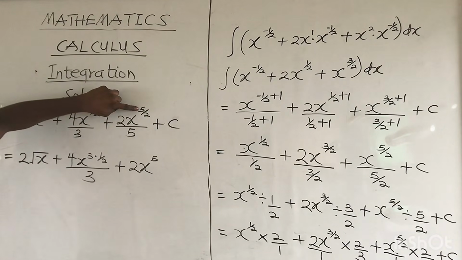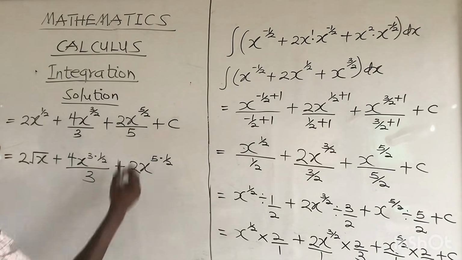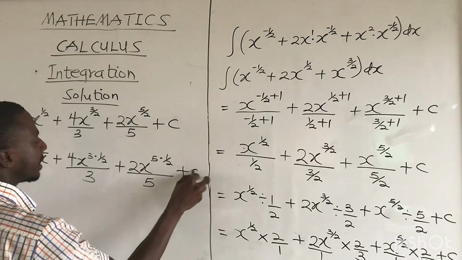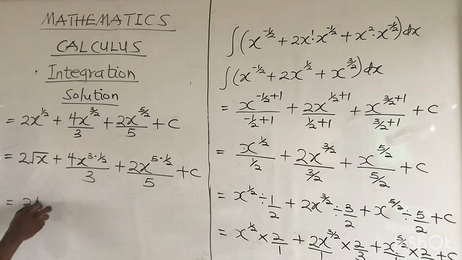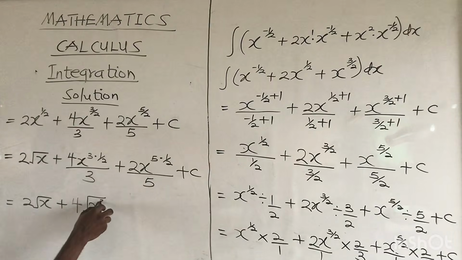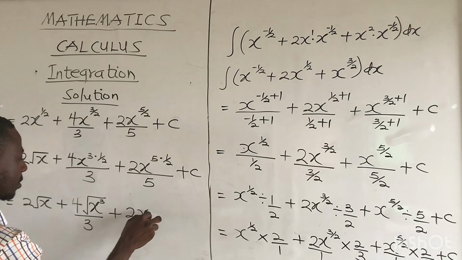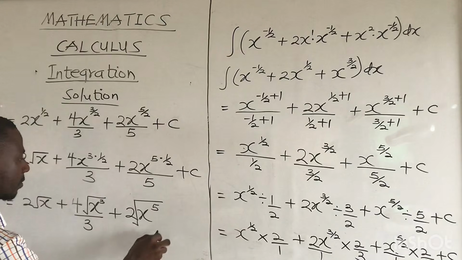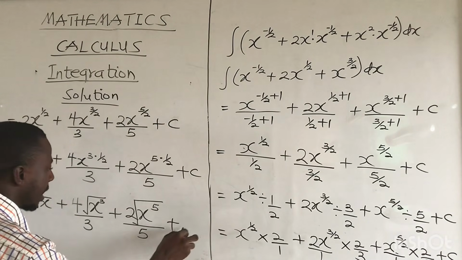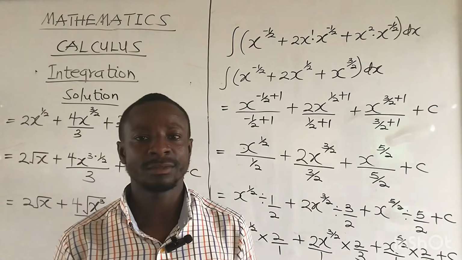So we always pick the numerator, multiplying half, because 5 times half is the same as 5 over 2, all over 5 plus c. Then we have 2 root x plus 4 root x cubed, because the exponent half will be the root, all over 3, plus 2x power 5 with root all over 5 plus c. And this will be the final answer.